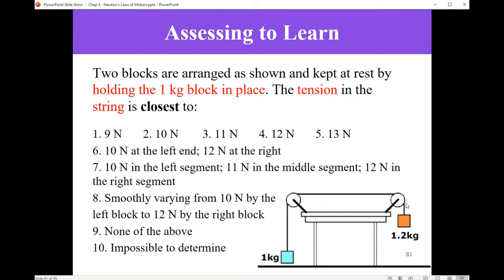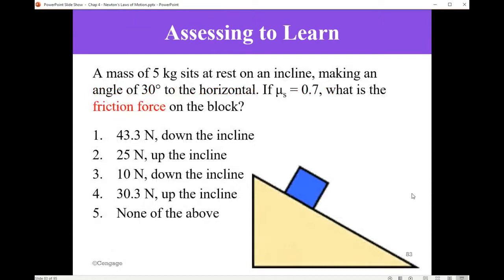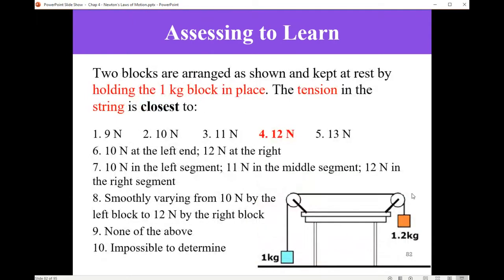So what would be the tension in such a situation? You need mass times gravitational acceleration, right? 1.2 multiplied by 9.8. You can round that to 10. So this would be the answer, 12 newtons.